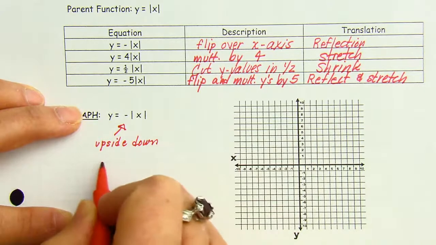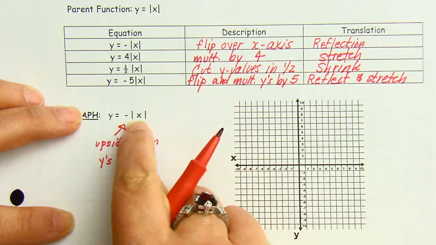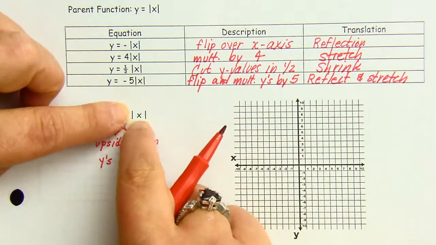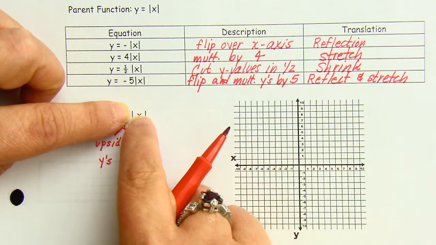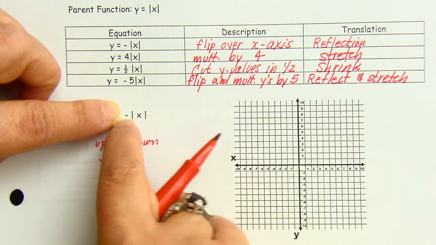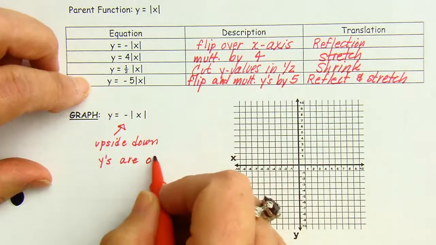Why? Because the y's are opposites. Right? All the x's on the one side are going to be positive. I could stick a negative x in here, but the absolute value of a negative x is going to be a positive x anyway. But then this says, hey, keep it negative. So the y values are opposites.